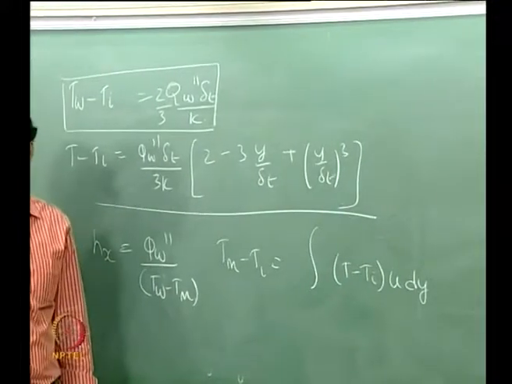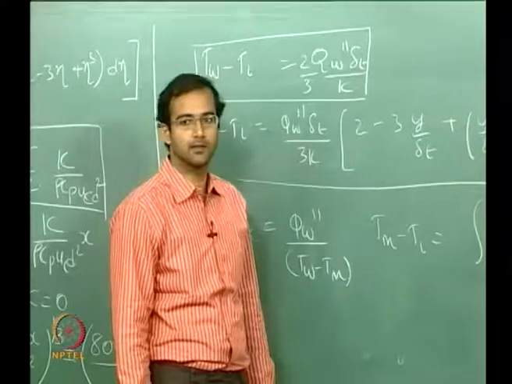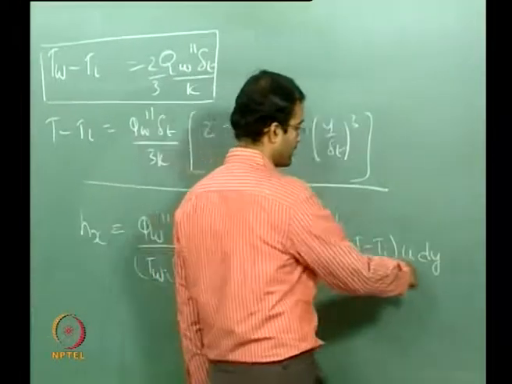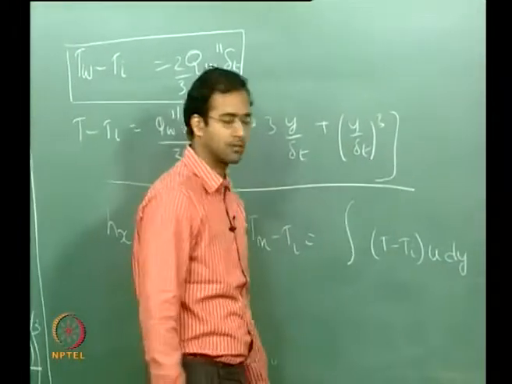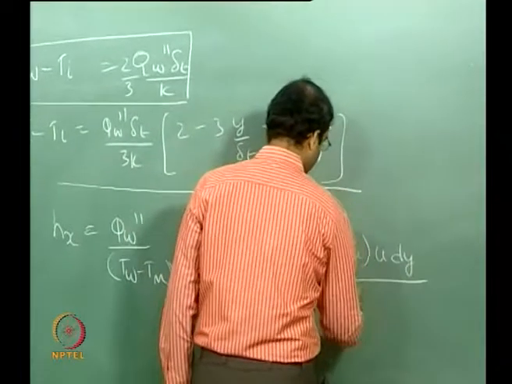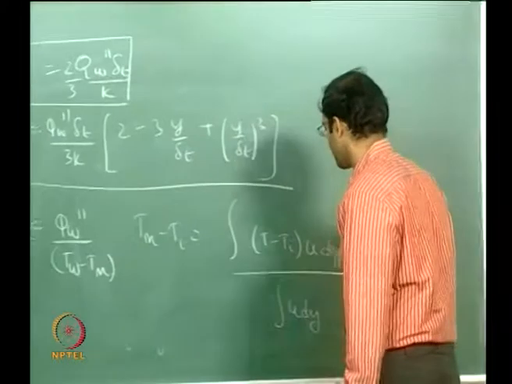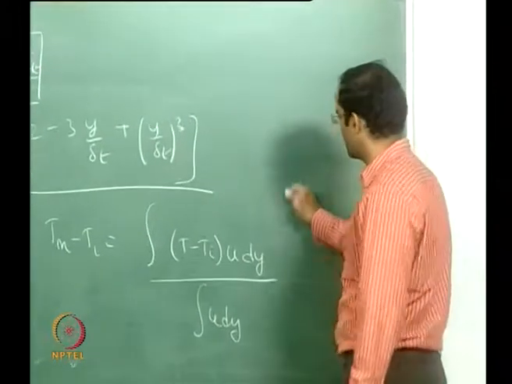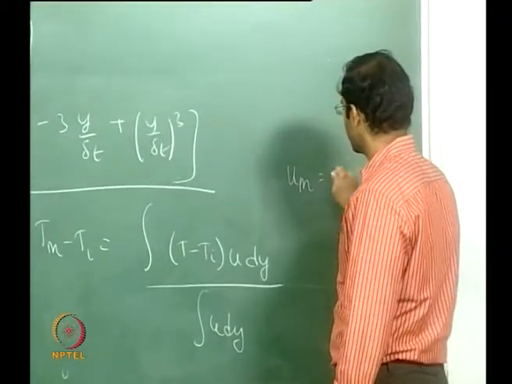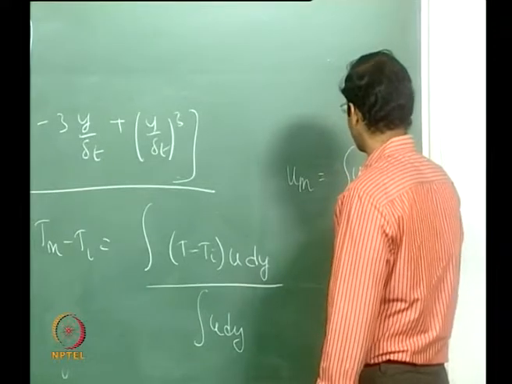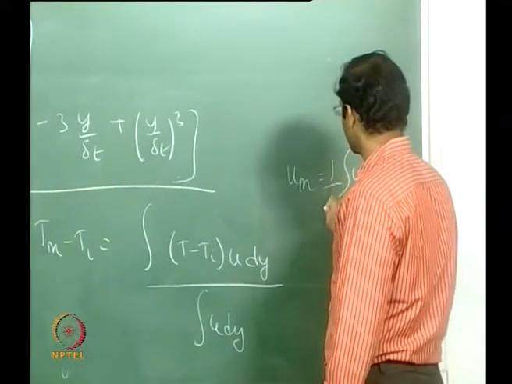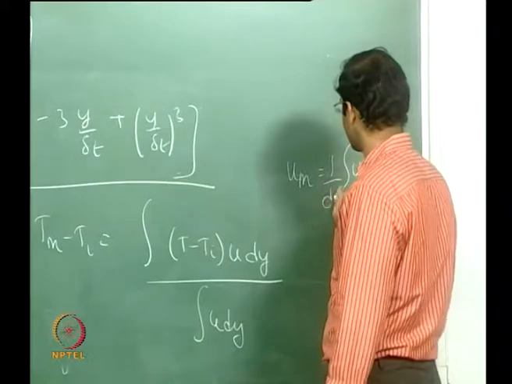Now this is the case of a Cartesian duct, so rho u into dy will be the flow rate, divided by the integral of u dy. And from the definition of mean velocity, you know that um is equal to the integral of u dy times 1 by d, in this case it is 2d.